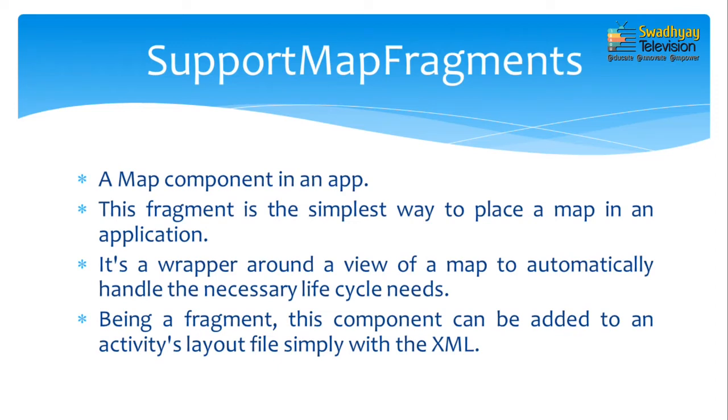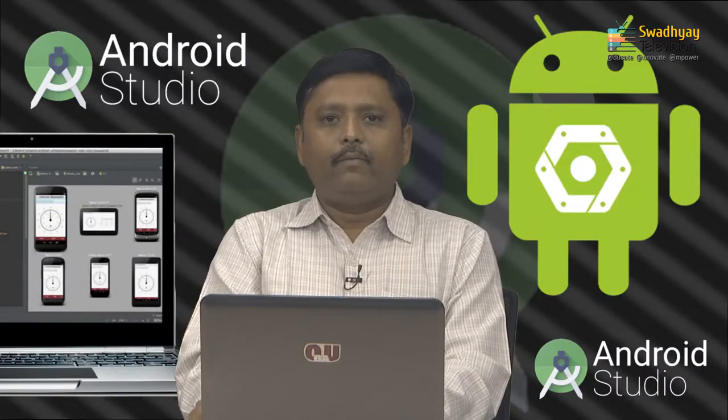Here we place a fragment object for displaying the map. So, it is a wrapper around a view of a map to automatically handle the necessary life cycle, and being a fragment, this component can be added to an activity's layout file with XML as usual. So, this is all about support map fragment.